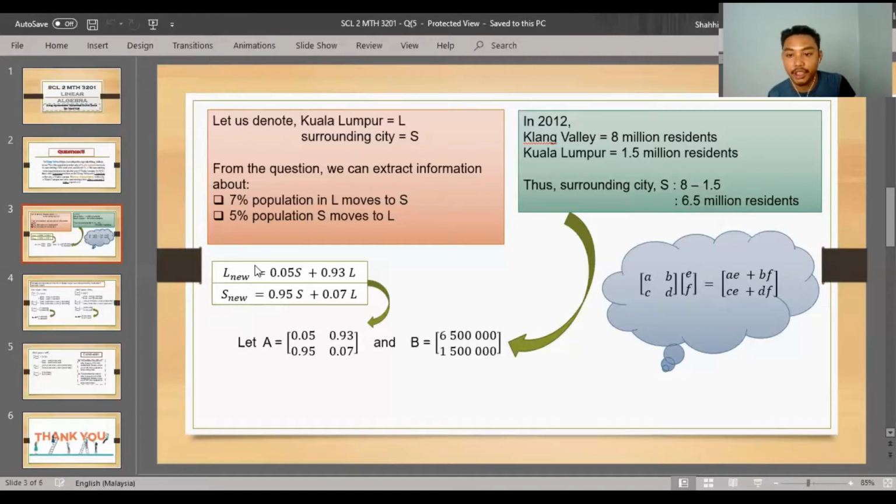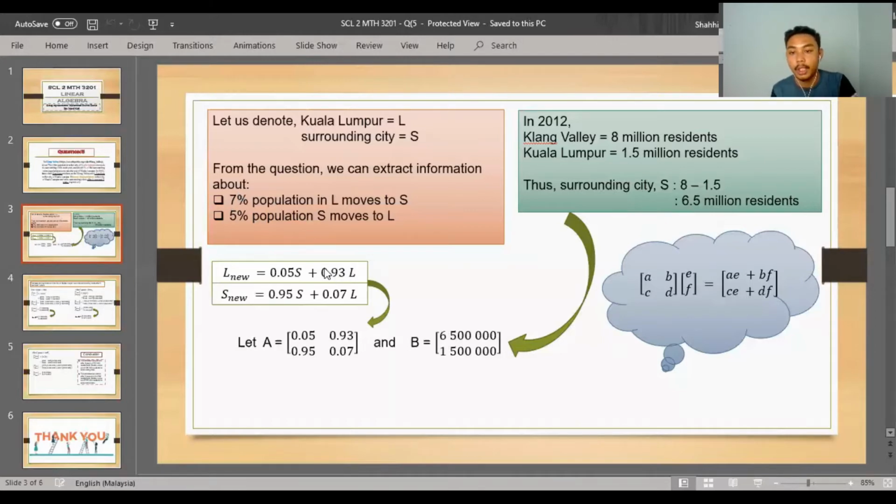So for the first equation, we can see 0.05 s plus 0.93 l. It means that 5% of the surrounding cities will move to Kuala Lumpur, and 93% of the residents in Kuala Lumpur will stay in Kuala Lumpur. Because I already said, to find this percentage, we just need to minus 100 with 7, we will get 93%.